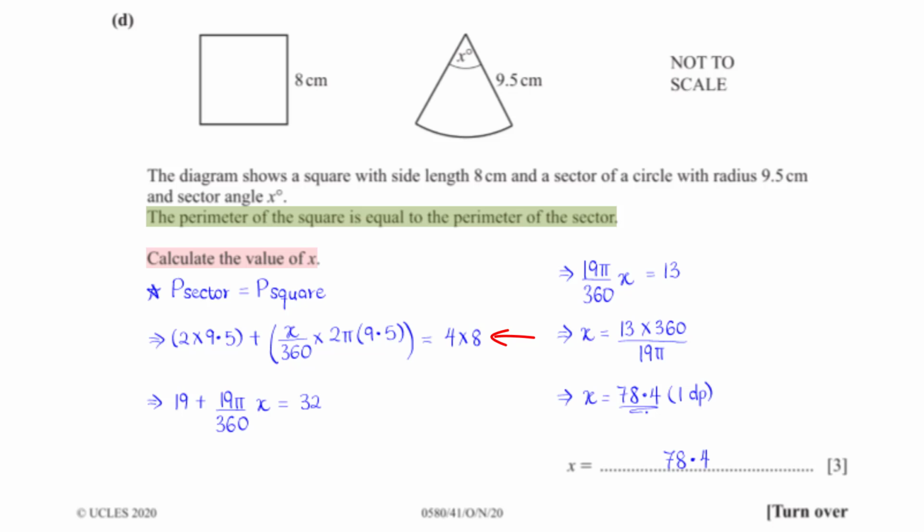When we simplify this, 2 times 9.5 gives us 19 and 4 times 8 gives us 32. When we move 19 to the other side of the equation, we have 32 minus 19 giving us 13. When we make x the subject, we have 13 times 360 divided by 19 pi. When we type this into the calculator, we have 78.4 degrees, correct to 1 decimal place.